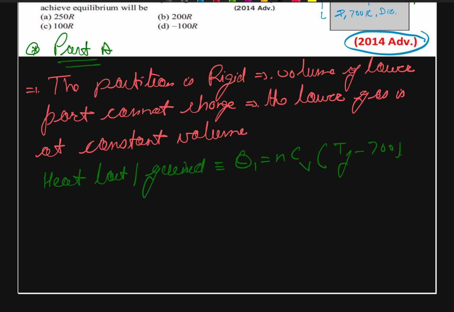So we can say that the pressure of the upper part stays constant.